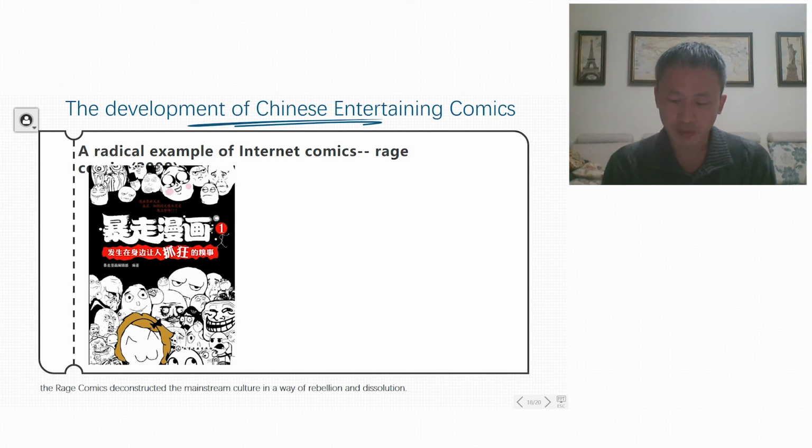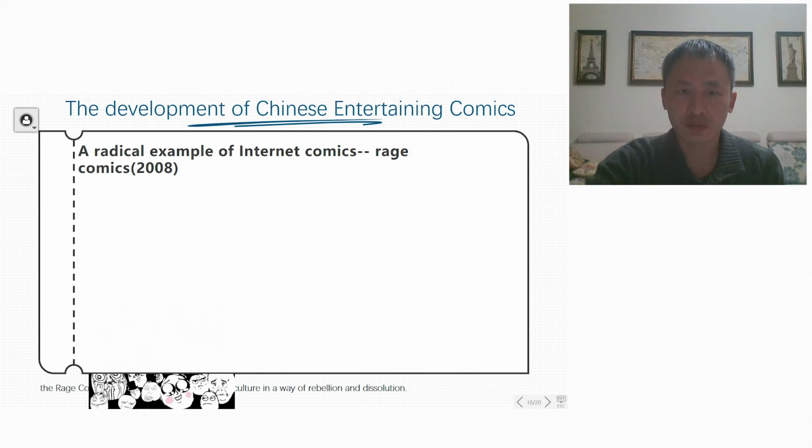The special template model and the simple and crude drawing style made it possible to be produced and published by grassroots netizens who have no artistic skills. The basic form of Ridge Comics is to express the daily mood of the painter through exaggerated portraits, usually rigid and speechless. Let's look at some of the typical figures.